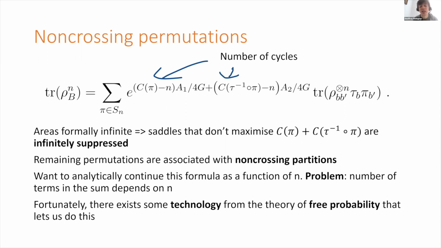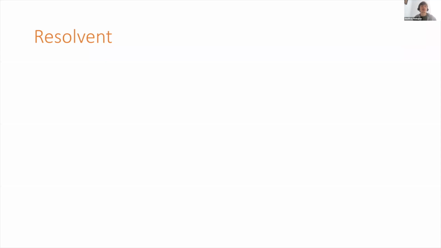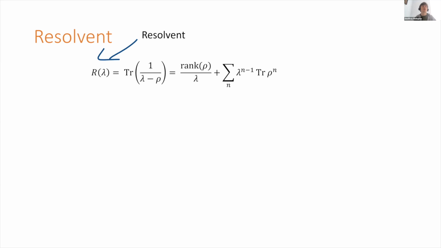Fortunately, as I say, mathematicians care a lot about these particular permutations, and there exists technology from the theory of free probability that lets us do exactly this thing, at least in the particularly simple case that we're caring about. I'm not going to go through in detail how that works, but basically it involves calculating this quantity called the resolvent.